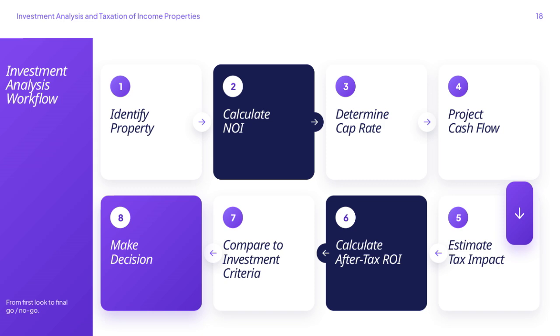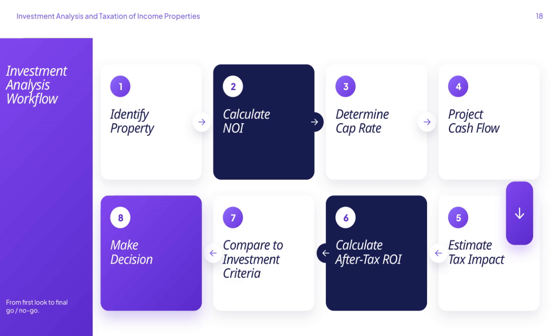Moving on, we project the cash flow to see how much actual cash the property will generate over time. Following that, it's important to estimate the tax impact because taxes can significantly affect net returns. Once we have this, we calculate the after-tax return on investment, providing a realistic measure of profitability after all expenses and taxes.